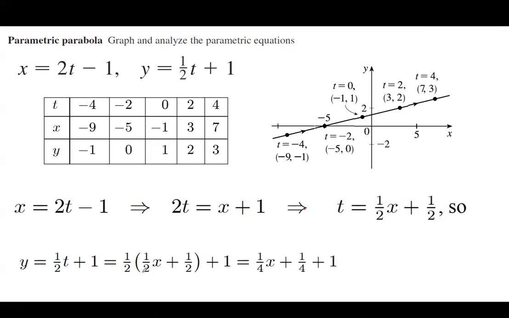When you distribute a half into the parentheses, it becomes a fourth x plus a fourth plus 1. Now, if you take a common denominator between these two values, it is 5 divided by 4. So we found the equation of a line with positive slope. We expect the line to be an increasing line with y-intercept 5 divided by 4.